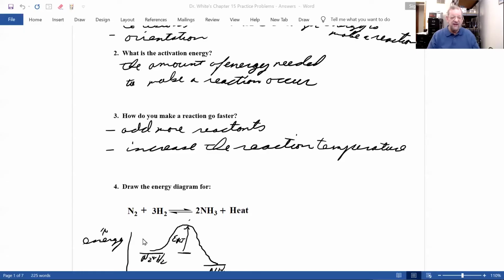Which is why if you cook a roast at 600 degrees for the same amount of time you did at 375, you'll come up with a charred mess. So don't. And that's because the reaction rate more than doubled. Now, there's one I forgot to put there, but what will increase the reaction rate? A catalyst.